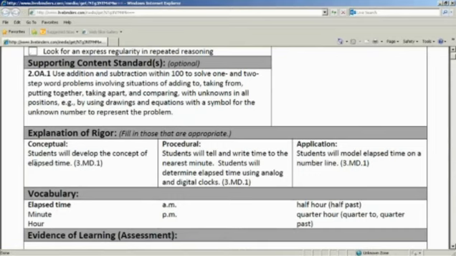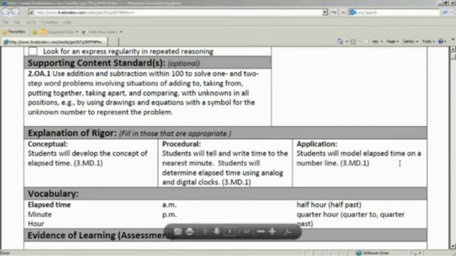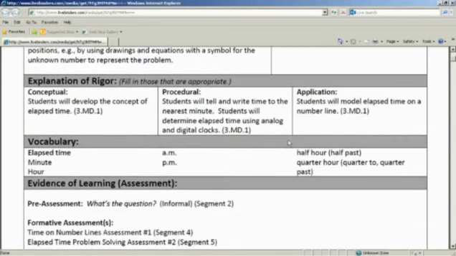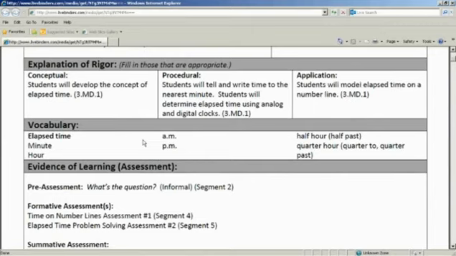So conceptually, students will develop the concept of elapsed time. Procedurally, students will tell and write time to the nearest minute. And the application is students modeling elapsed time on a number line, which again goes back to practice standard number 4. I just love how everything is so interconnected, and I love the design of this lesson plan so that you can see it all laid out at once.